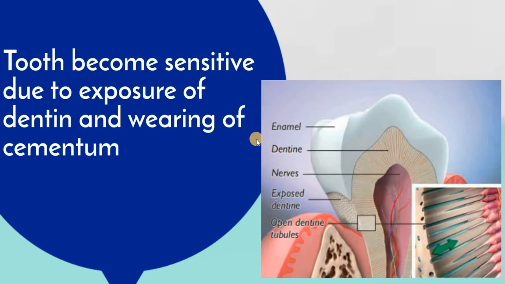And also the exposure of dentin through the wearing of the cementum that covers the dentin of the root. It will make the root surface, or the tooth in general, susceptible to different stimuli, including chemical stimuli, thermal stimuli, or air stimuli, and cause tooth sensitivity, which is a painful condition.